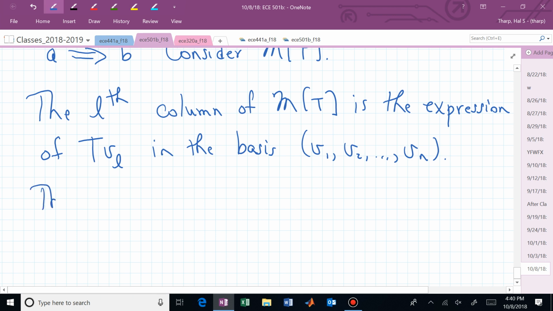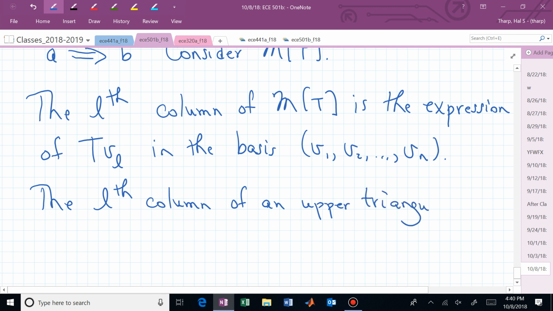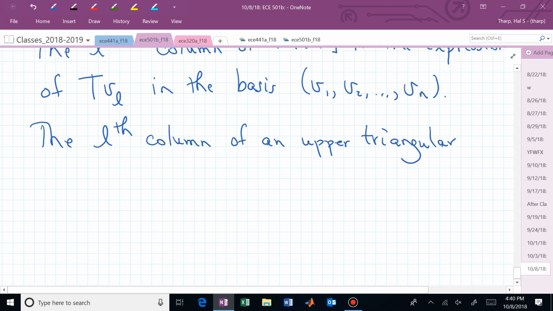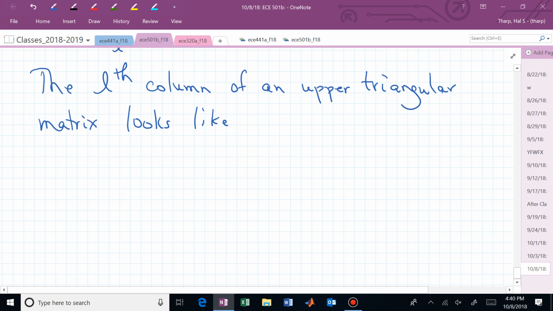The nth column of an upper triangular matrix has a specific structure. And what does that structure look like? So the nth column of an upper triangular matrix looks like, here's the column.